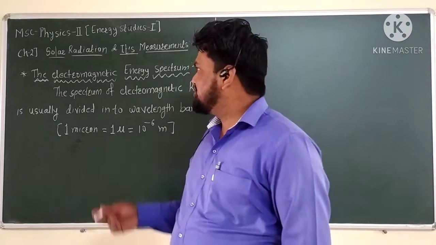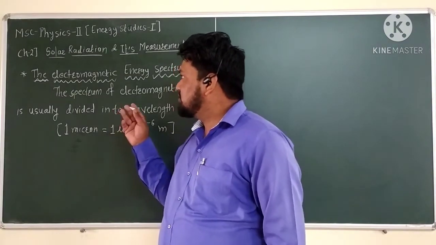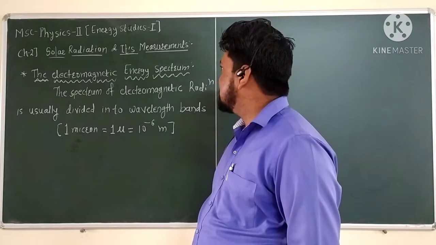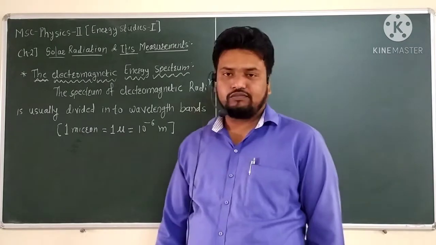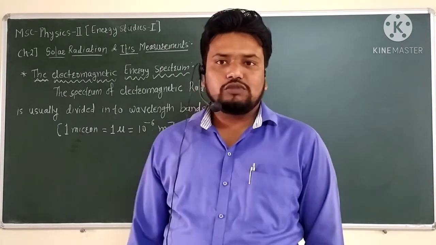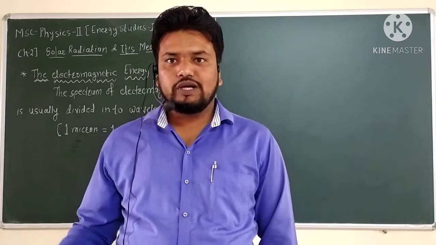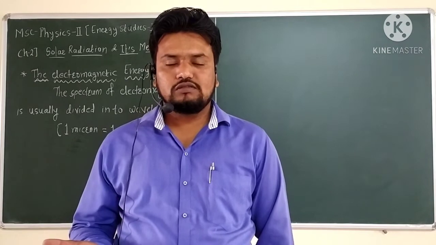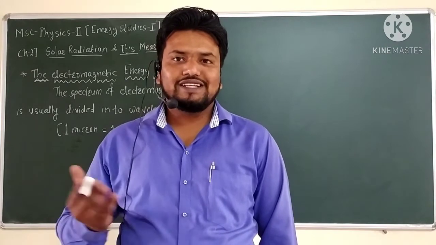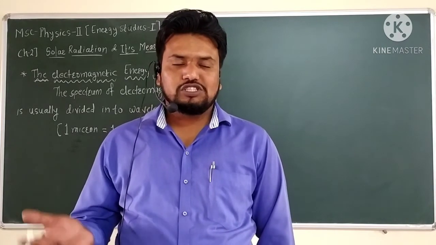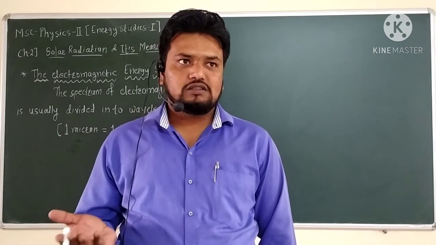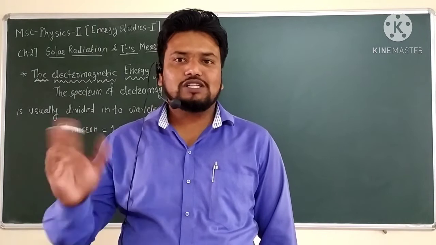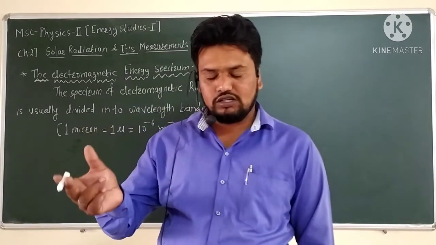We have to see here our second chapter, solar radiation and its measurement. The summary of the last lecture: we saw the characteristics of the sun and the nature of the sun, described by its radius and mass, and the relationship between sun and earth.